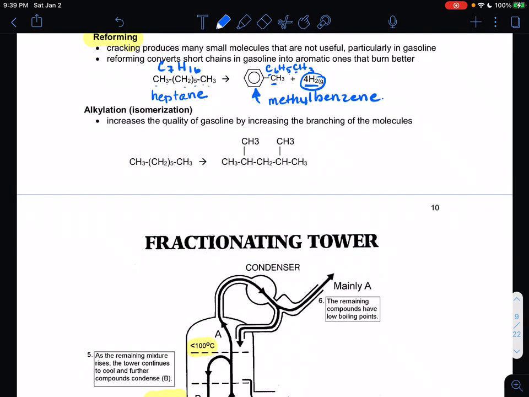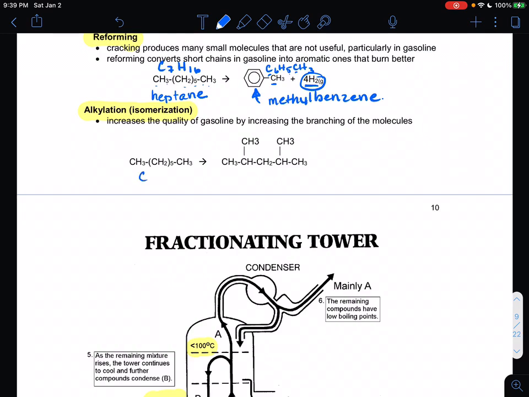And the last one with crude oil refining is called alkylation or isomerization, but we tend to call it alkylation. And again, what this does is it increases the quality of gasoline by increasing the branches in the molecule. So by having branches, you actually get better burning in an engine.